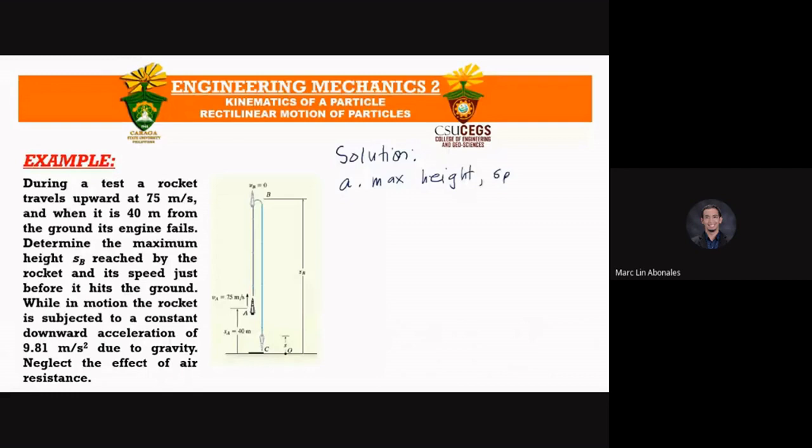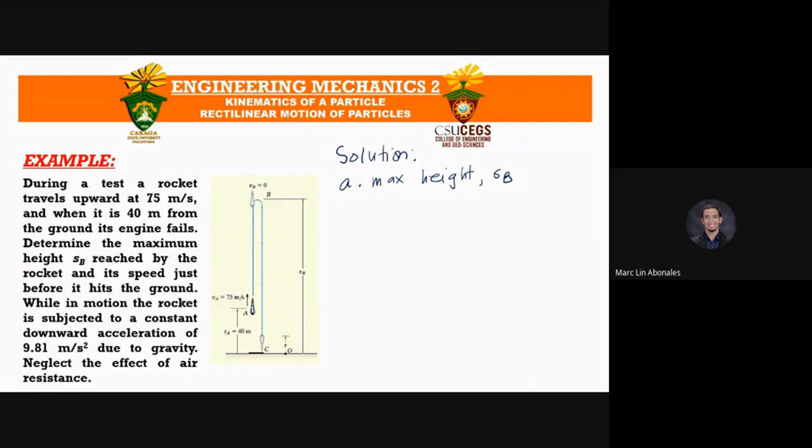If you encounter a free falling body, what you need to do is locate the initial point and the final point. For the maximum height, SB, we consider starting from point A going to point B.